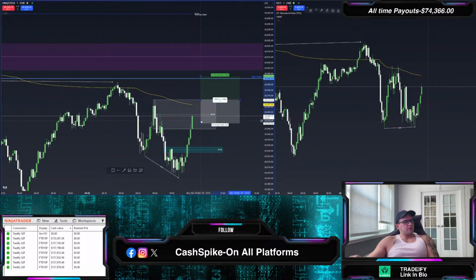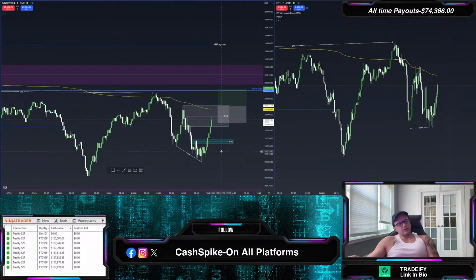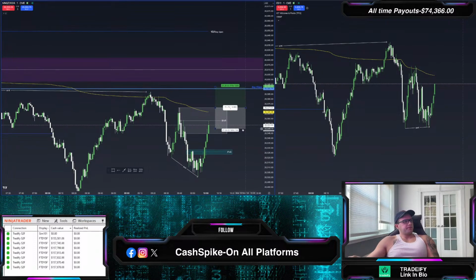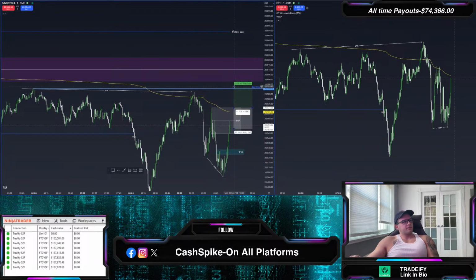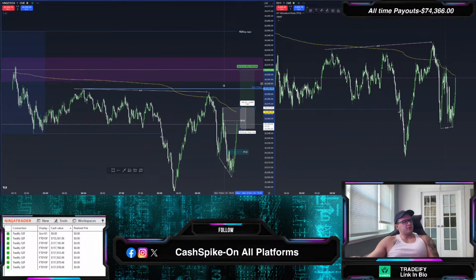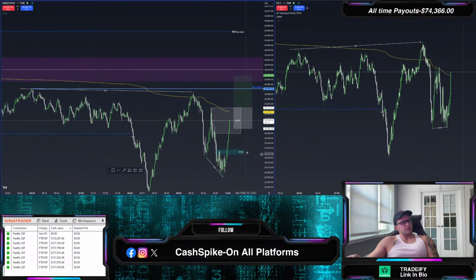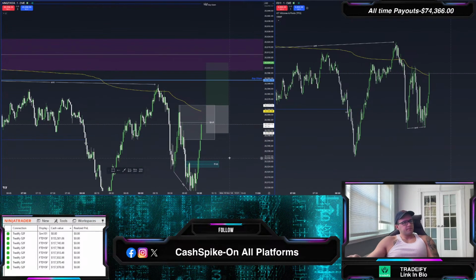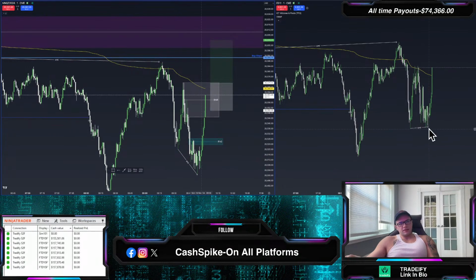Potentially, if that breaks, we'll see how it breaks. If that breaks, my first TP is probably going to be 50% fair value, 25%. Let's move here. Let's see. I like this.